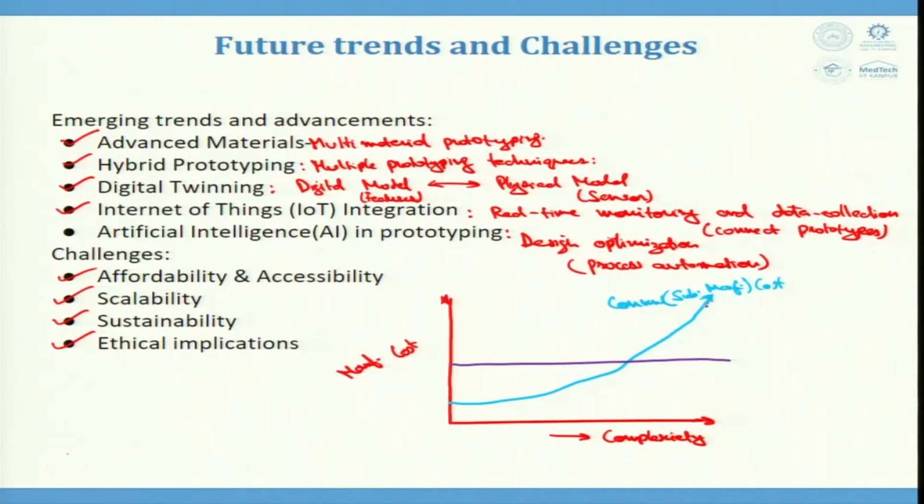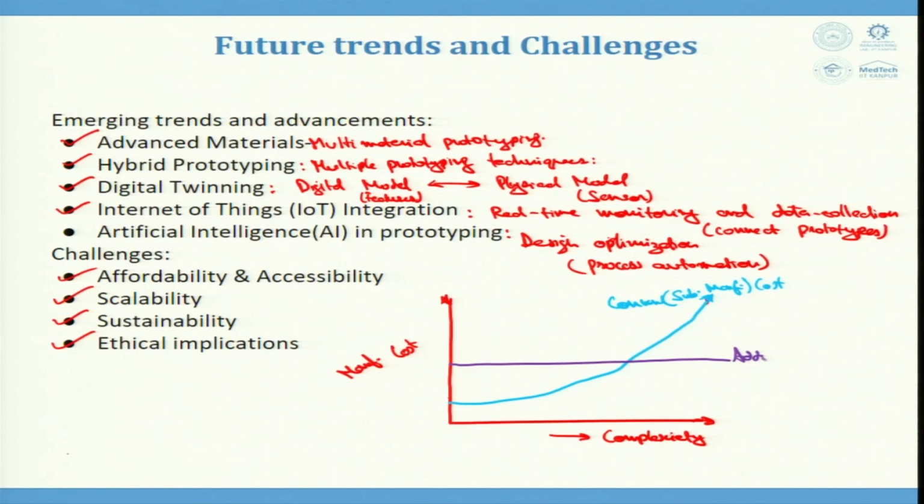Tooling cost is very high. If we need 10 pieces of the component, still tooling is required. If we require 10,000 pieces, then also tooling is required. So, this tooling cost is distributed over 10,000 pieces if the number of pieces is high, but if complexity is high, tooling is also expensive. So, the cost in conventional or subtractive manufacturing keeps on rising, but in additive manufacturing the cost remains the same.